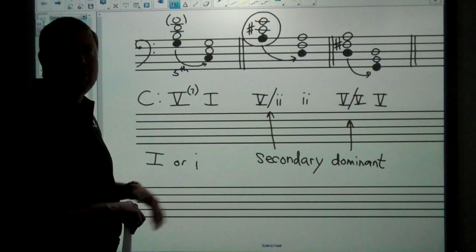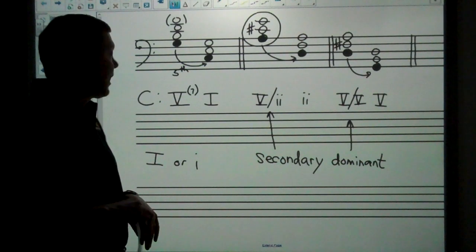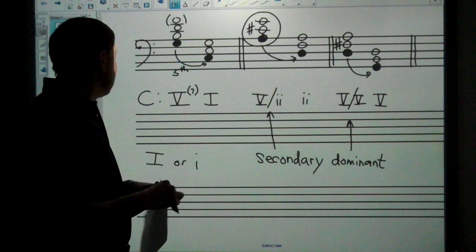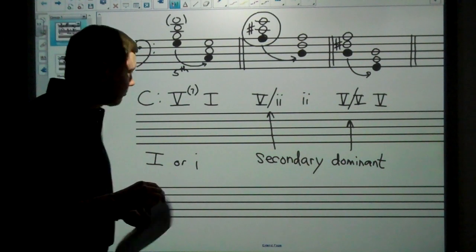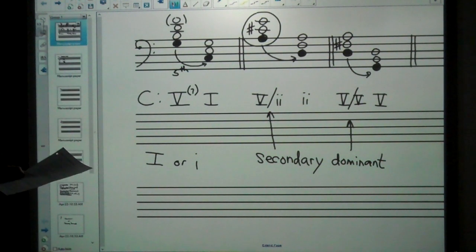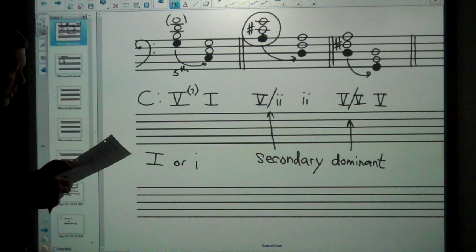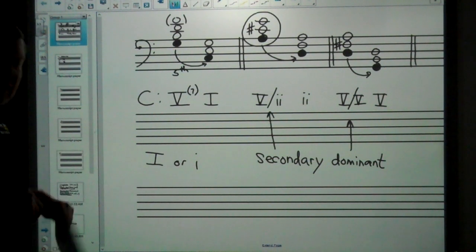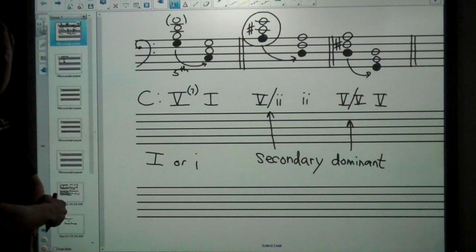Those types of triads are the only two that have the stability to be a point of rest. Well, if tonic triads are always major or minor, it makes sense then that only a major or a minor triad can be preceded by its own dominant.